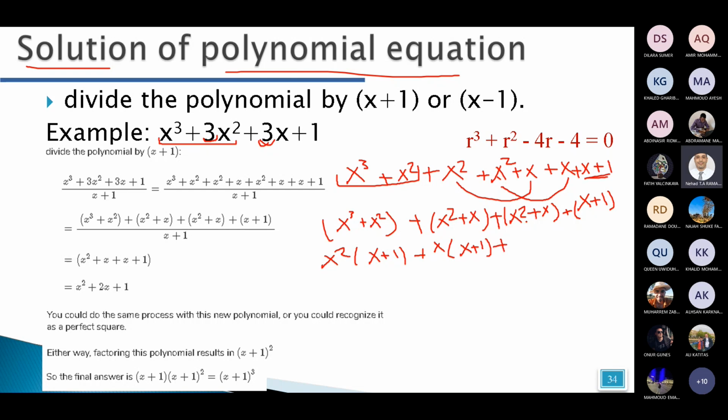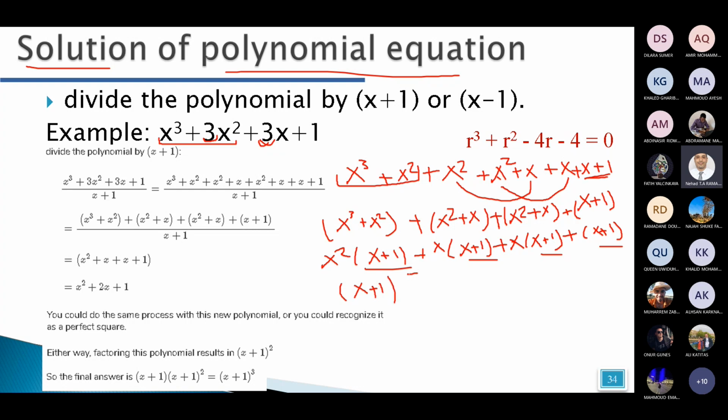Plus, I will take x outside from here. So what remains inside? x plus 1 as a common factor here. And plus here, x plus 1 as it is. So we have x plus 1, x plus 1, x plus 1, x plus 1. We can take it outside, x plus 1 as a common factor.